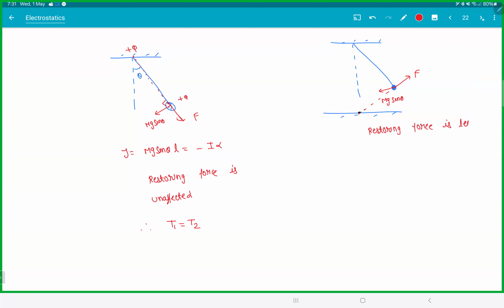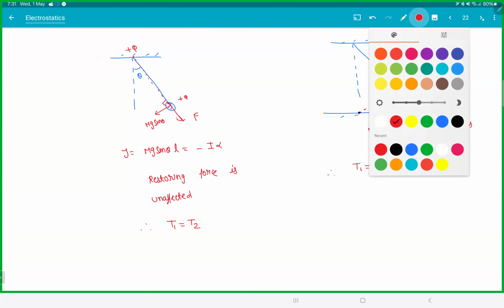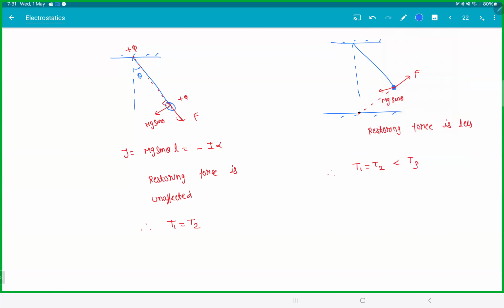So it takes more time. It comes down more slowly. Therefore, T1 and T2 are equal, and these two are less than T3. Clear? Makes sense? So the second one is a trap. Just because there's a charge doesn't mean the tension will increase. You always need to check the restoring forces.